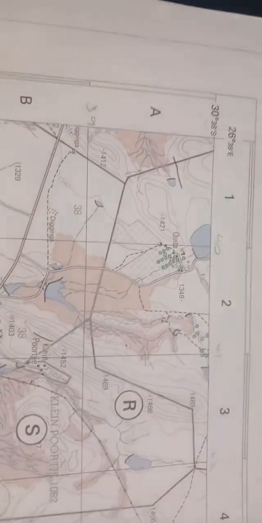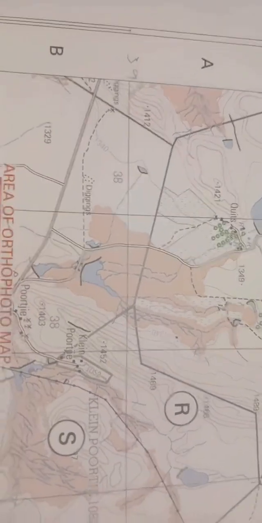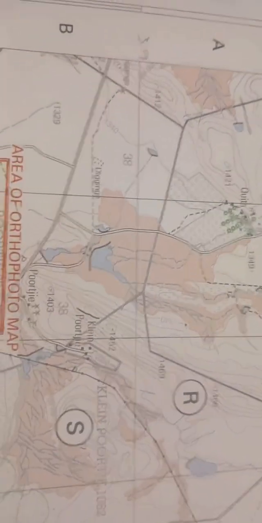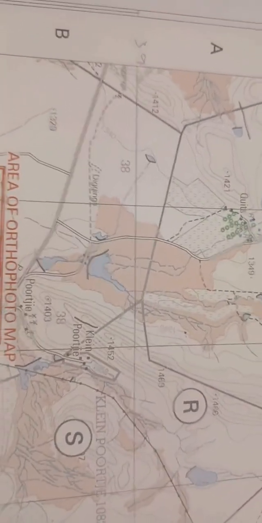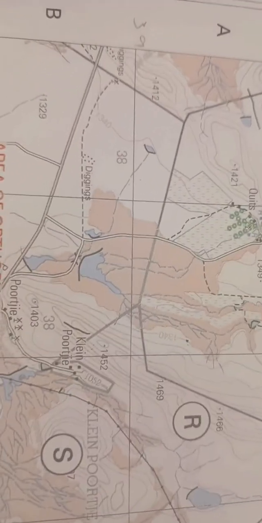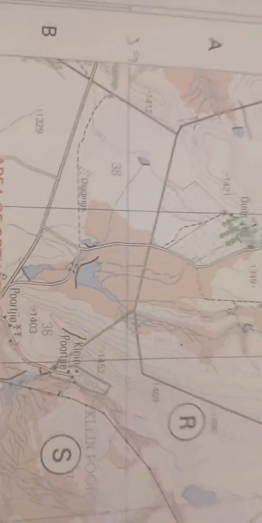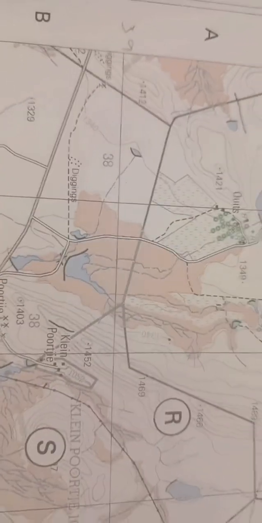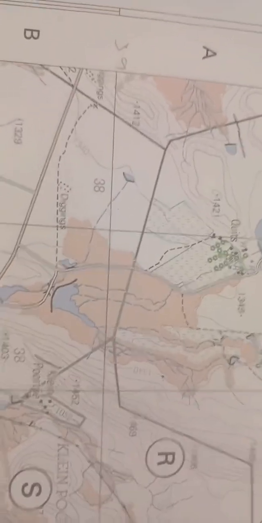A spot height is a height indicator on the map. So when you're looking at 1421, it means that at that point the height is 1,421 meters. That's a spot height; it shows the height on the map.